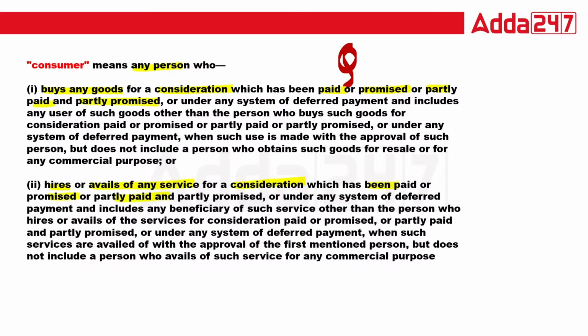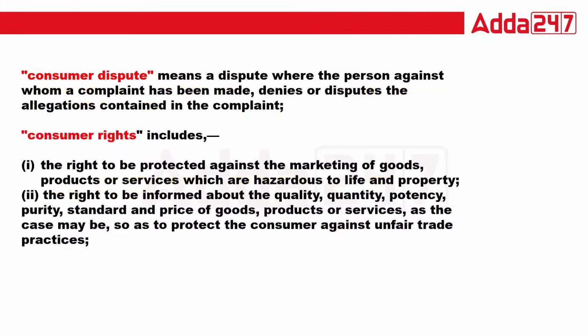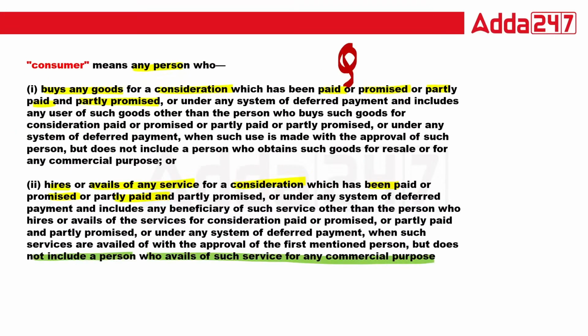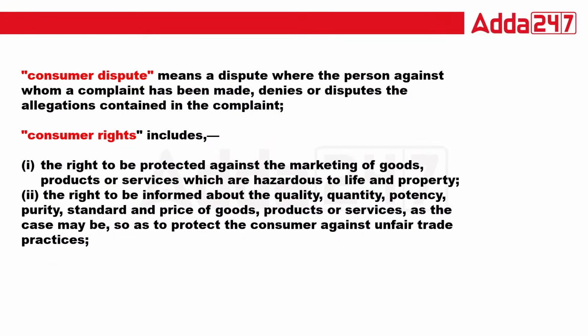So basically a consumer is a person who purchases goods and avails services, and does not include a person who avails such services for any commercial purpose. So this is the definition of the term consumer. That is important. That can come in your exam also.